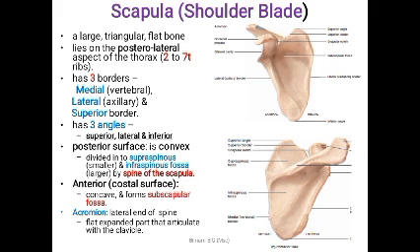The posterior surface is convex, divided into the smaller supraspinous fossa and the larger infraspinous fossa by the spine of the scapula. The anterior or costal surface is concave and forms the subscapular fossa. The acromion, the lateral end of the spine, is a flat, expanded part that articulates with the clavicle.